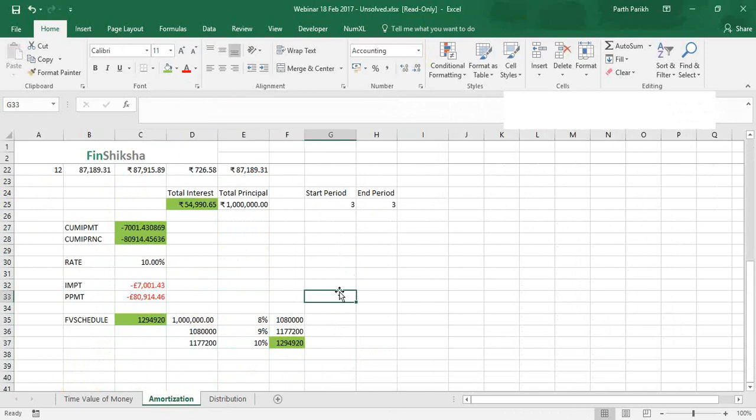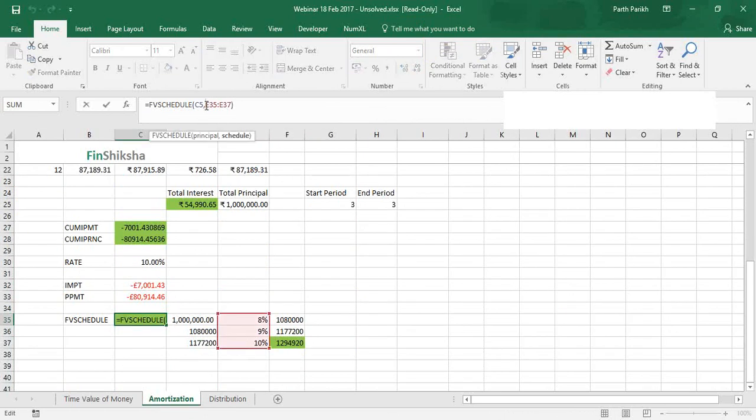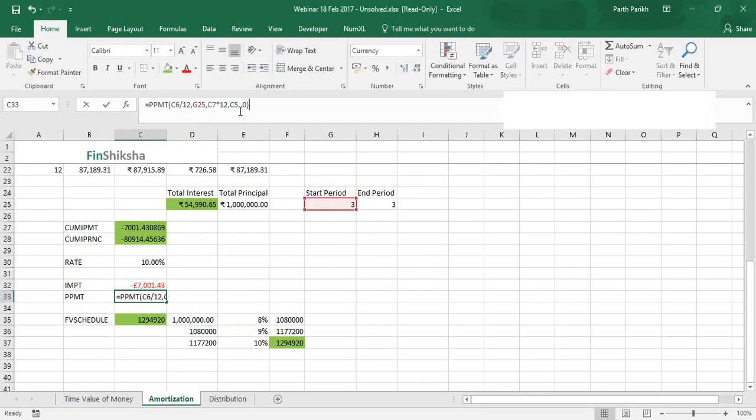The FV formula directly doesn't give me this, because the FV formula assumes that I'm growing at a fixed percent. If I want to grow at different percentages, then I have to use FV schedule. That's the only difference. I'll start with my principal and then write whatever the growth rates are as my interest rates. That's the premise.